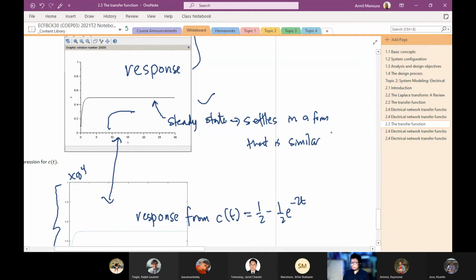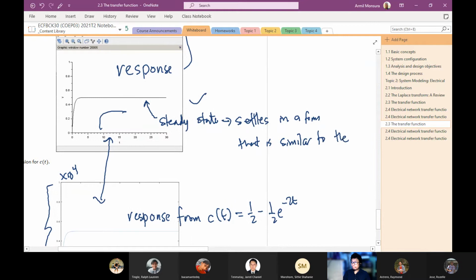That is similar to the form of the input. Ang control system nyo kasi dapat ang mangyari dyan is that eventually, kung ano yung behavior ng input nyo, dapat yun din yung maging steady state behavior ng output niyo.